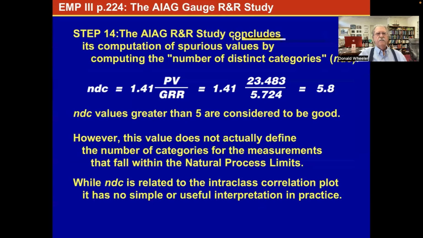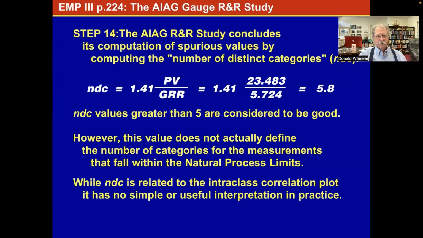And finally, step 14. The AIAG study concludes its computation of spurious values by computing the number of distinct categories, or NDC. We take the square root of 2 times the product variation divided by the combined R&R, 5.8. NDC values greater than 5 are considered to be good.